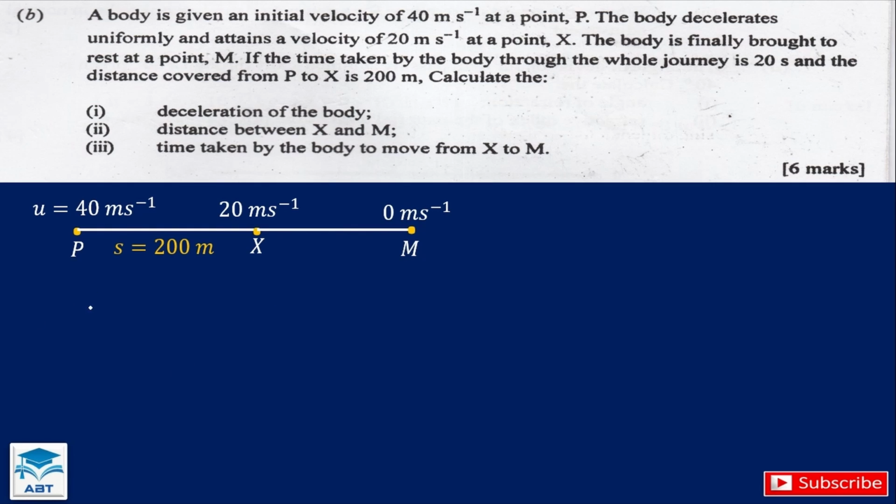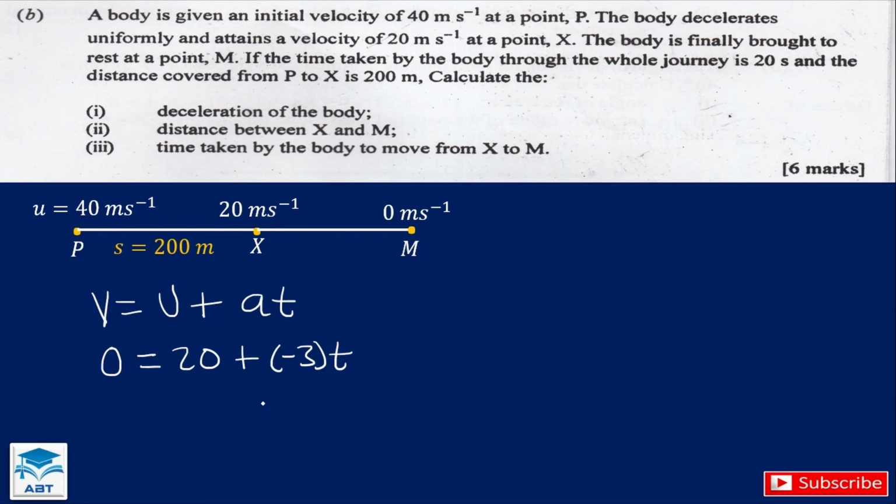So we can use Newton's first equation of motion. That is, the final velocity is equal to the initial velocity plus acceleration times time. The final velocity is 0 meters per second, the initial velocity is 20 meters per second, and the deceleration is -3 times the time.